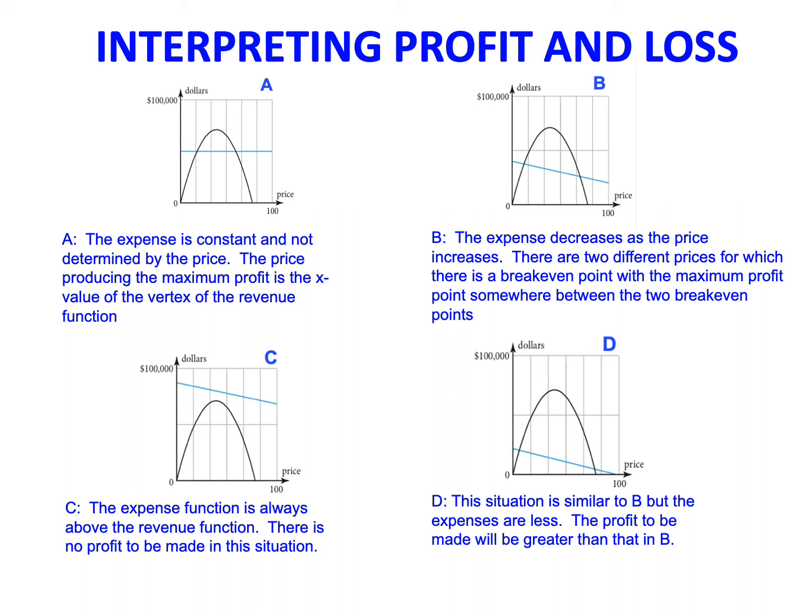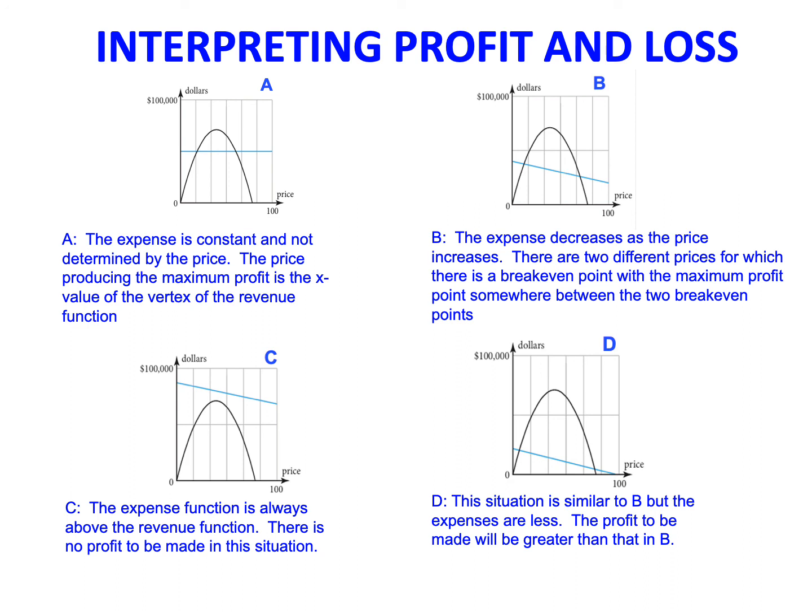In graph A, the expense is constant and not determined by the price. There are two break-even points. The price producing the maximum profit is the x value of the vertex of the revenue function. In graph B, the expense decreases as the price increases. There are two different prices for which there is a break-even point, with the maximum profit point somewhere between the two break-even points.